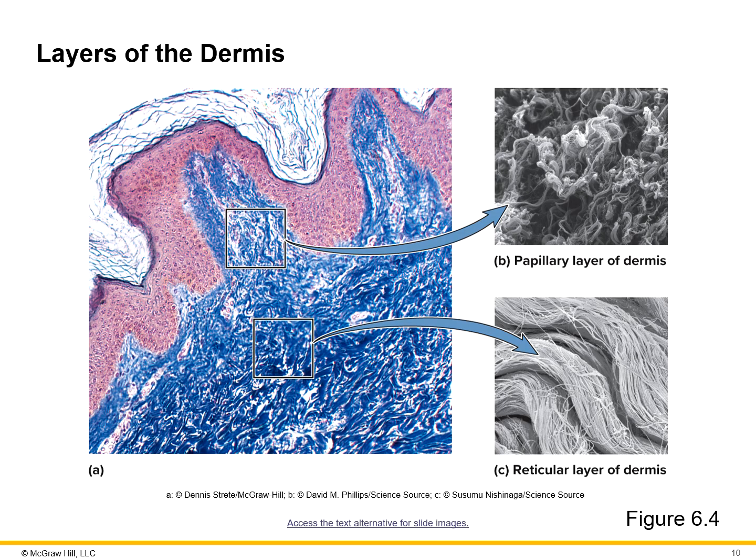On your left, looking at image A, this shows a pink epidermal layer and a blue dermal layer. The right arrow from the superficial region of the dermis points to the micrograph labeled B. This is the papillary region of the dermis, and you're looking at an electron micrograph of those fibers.